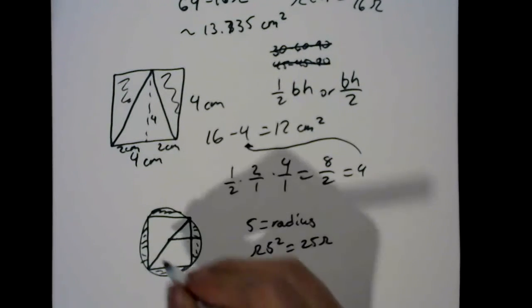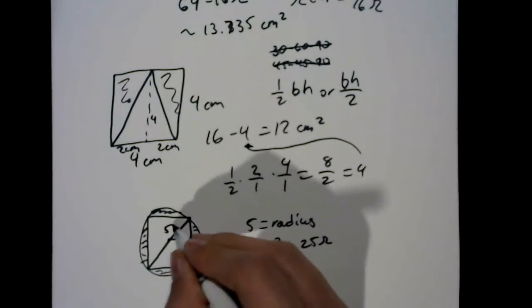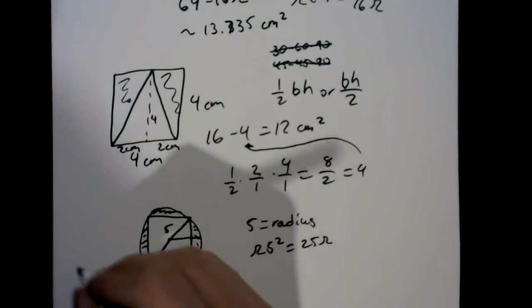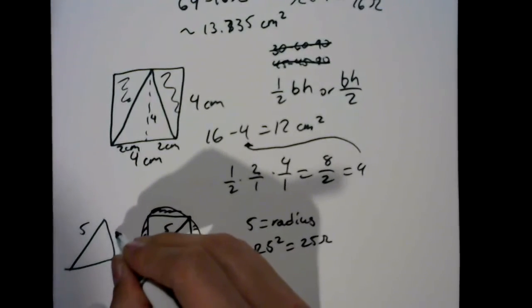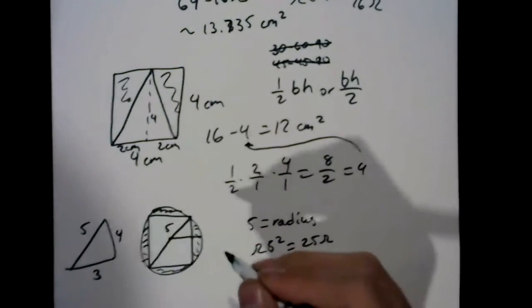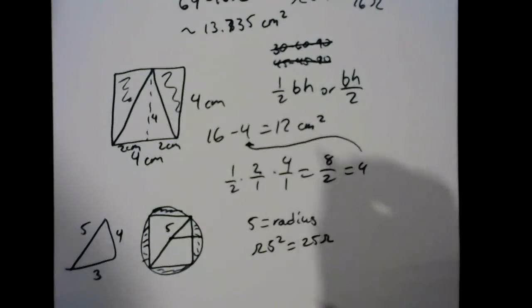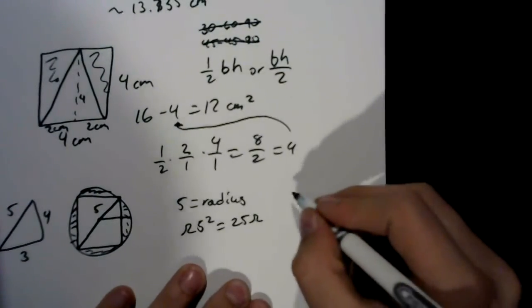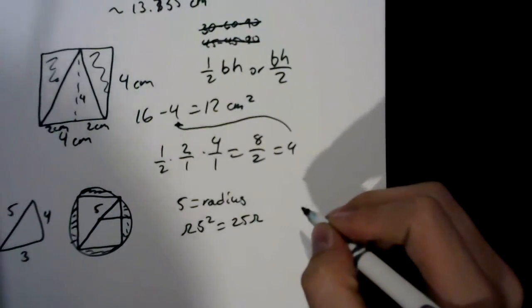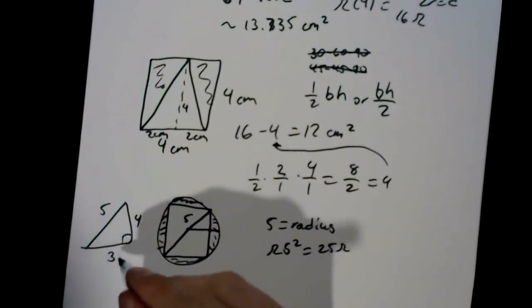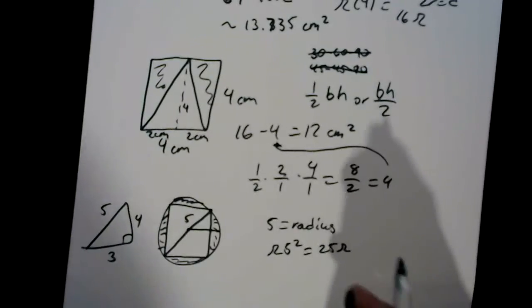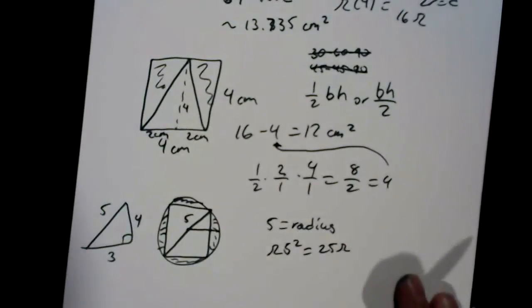Because for those of you who know, this is a Pythagorean triple: 5, you have 4 and 3. That's a Pythagorean triple that you need to know. 3 squared plus 4 squared equals 5 squared. So it's a 3, 4, 5 triangle.